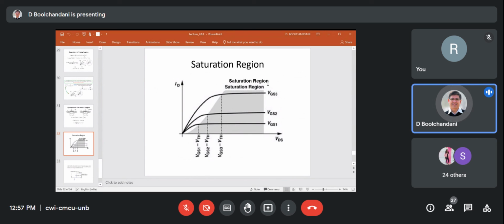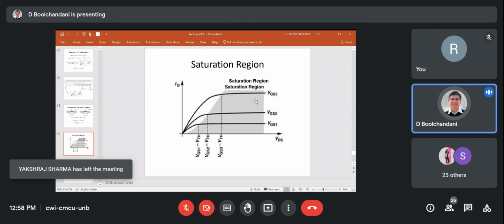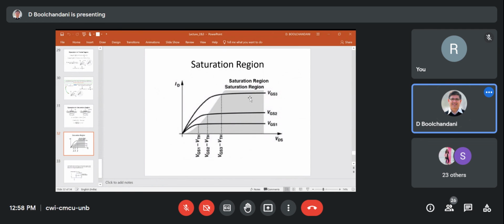And when you try to use a transistor, you try to bias it in the saturation region. When you want to use a MOSFET as an amplifier, you will bias the transistor in the saturation region, and it is in this region where the transistor is going to operate. And in this region, we'll see that the current that flows into the transistor is independent of VDS.